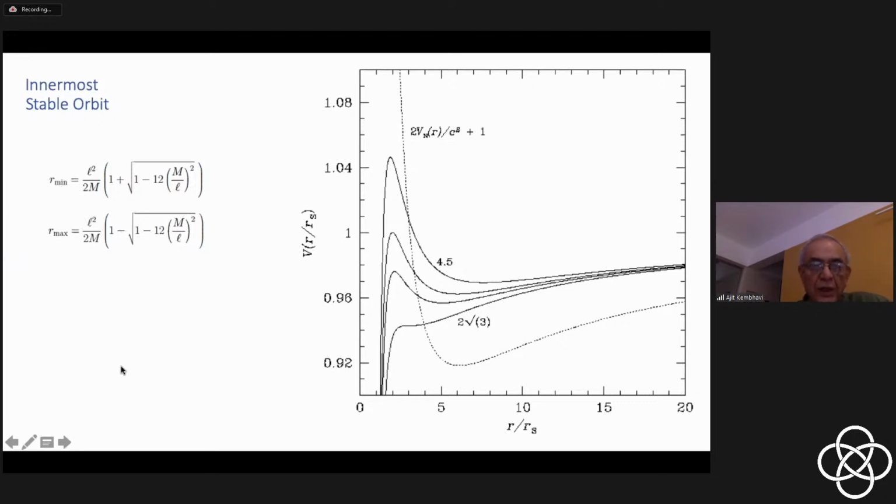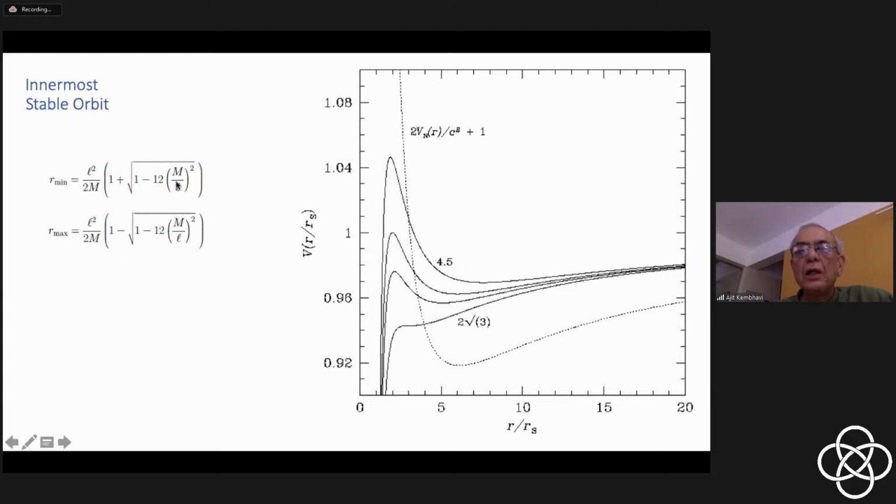Because in the general case, we have one minimum and one maximum. For a given angular momentum, the maximum occurs at 1 plus this particular term here, and the minimum occurs at 1 minus this.